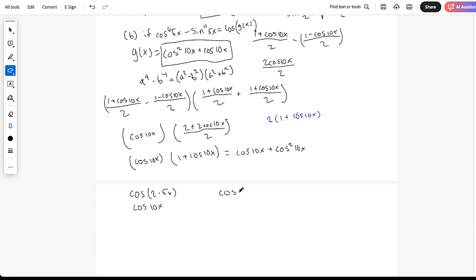So cosine squared of 5x, minus sine squared of 5x, times cosine squared of 5x plus sine squared x.